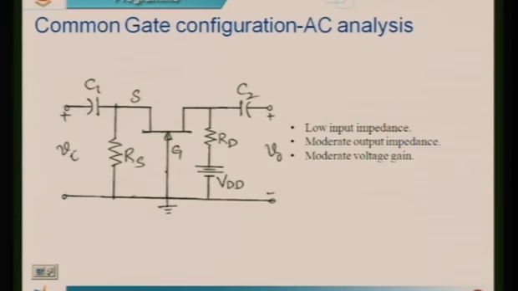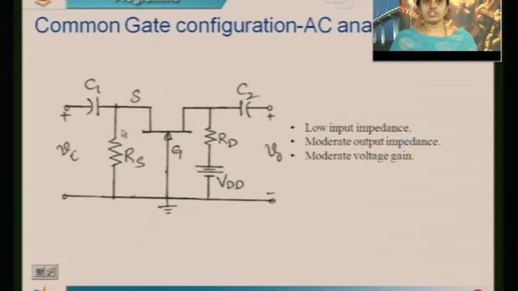Now, let us look into the next topology of FET, that is common gate configuration. In common gate configuration, the gate terminal must be common between the source as well as the drain. The circuit is shown here. As you can see, gate is grounded directly, input voltage Vi is applied between source and gate, and output is taken between drain and ground.